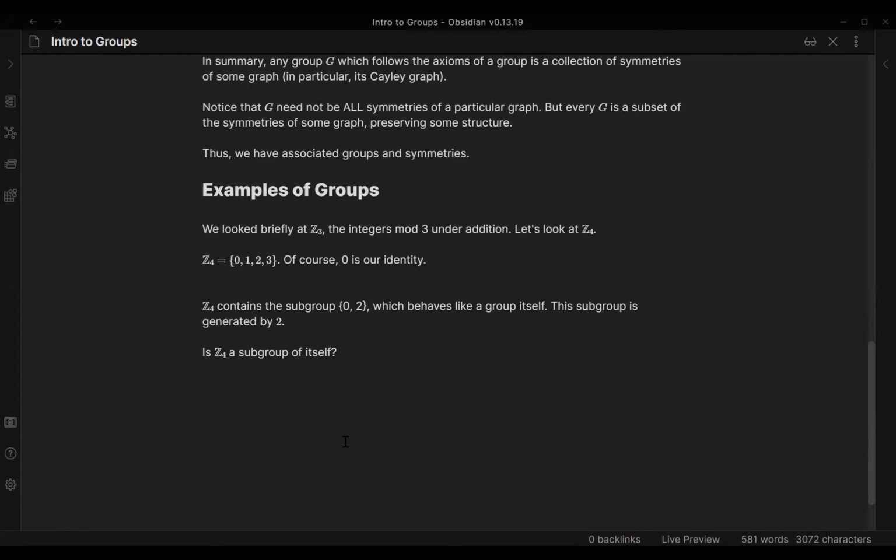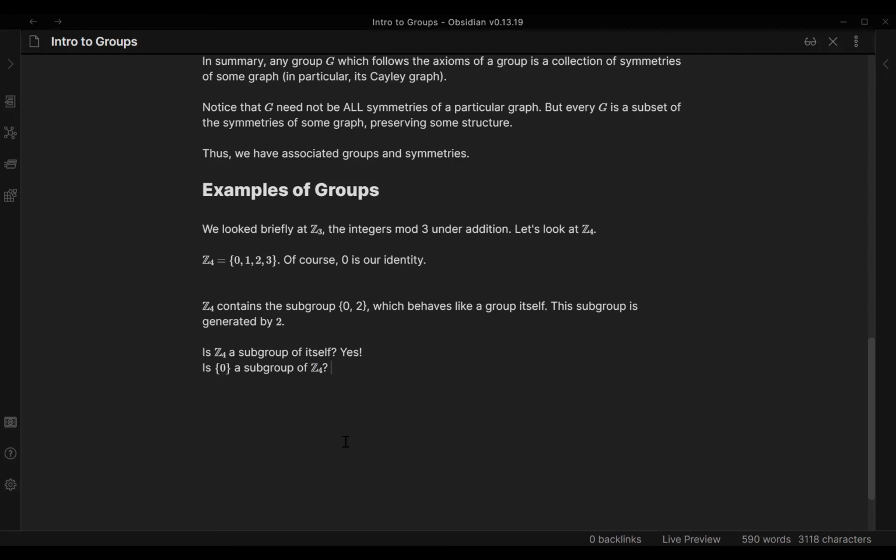Yes, because it's a group that behaves like a group, and it's contained within Z4.